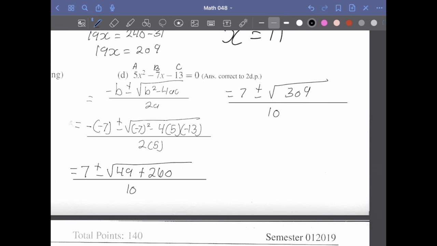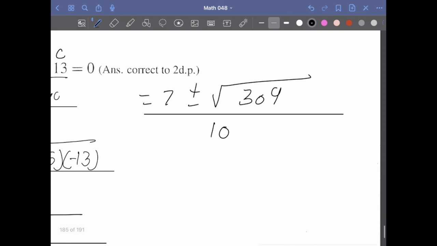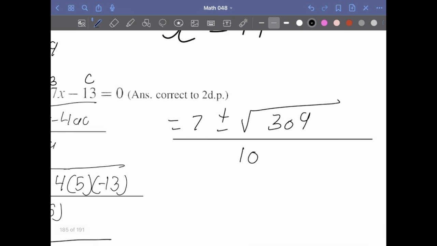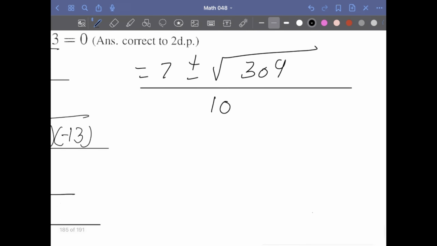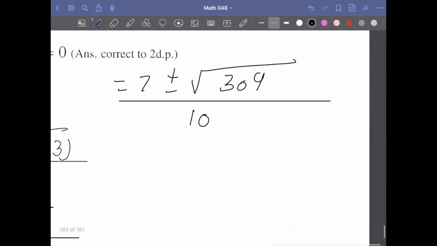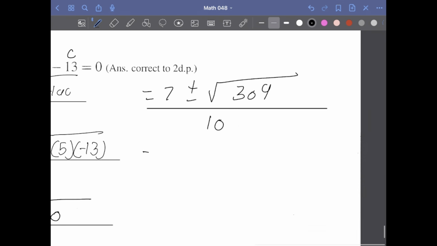There is no exact value of the square root, so what I'm going to do is find the answer correct to 2 decimal places. What I like to do is find the square root of 309 first, and I'm not going to correct it to 2 decimal places until the final answer. The square root of 309 is 17.5784, and then we have divided by 10.